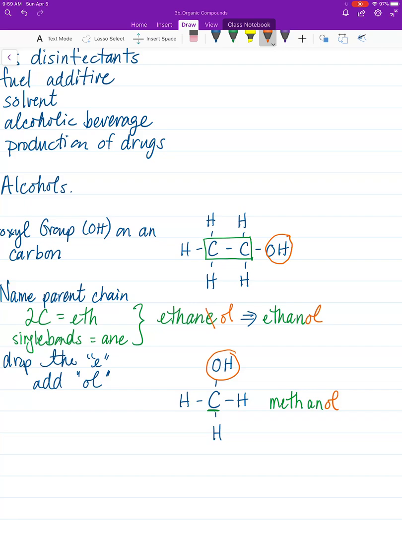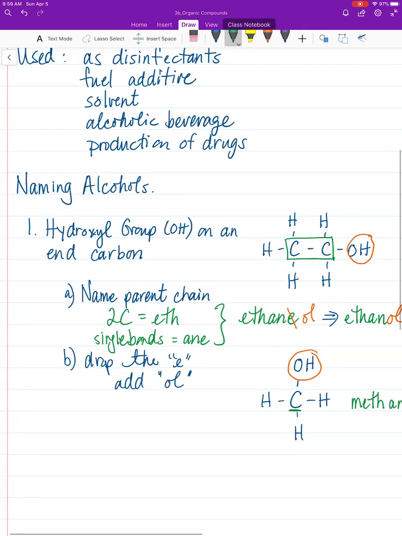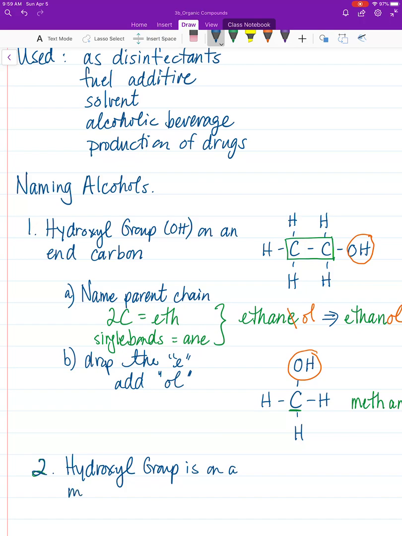Okay, so if we go beyond 3 carbons in our parent chain, it means that the hydroxyl group could be somewhere in the middle of the chain. So our second set of rules is, okay, if the hydroxyl group is on a middle carbon.